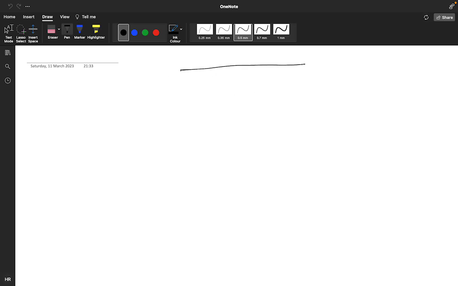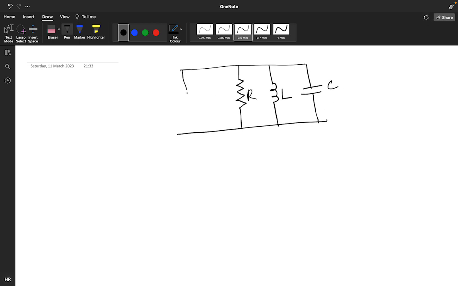Now you have a network like this. This is your R network, this is your L network, and this particular one is your C network. C, L, R, and this is V of t. I am assuming some particular I of t current is moving.